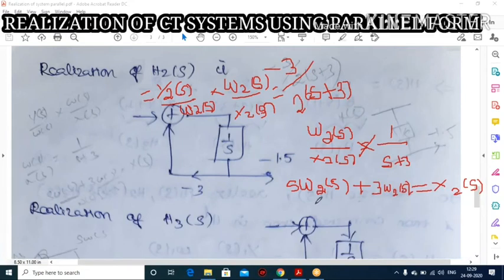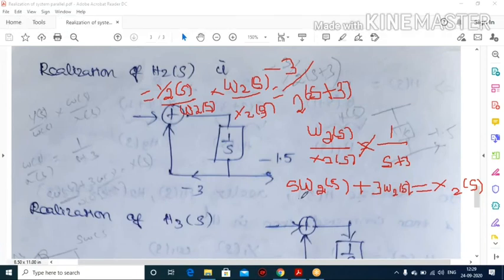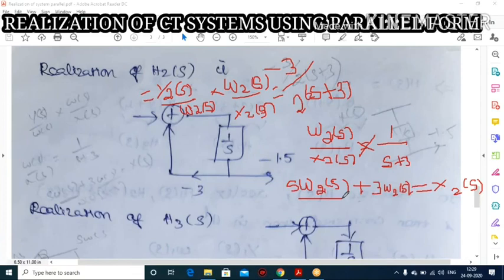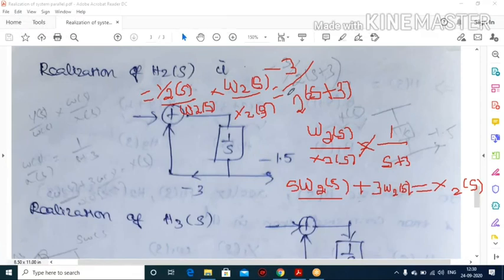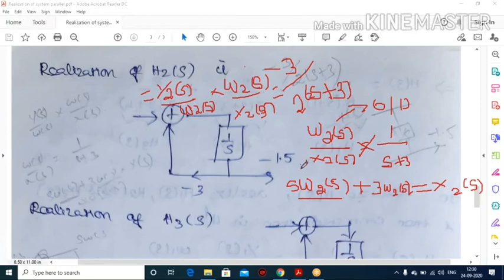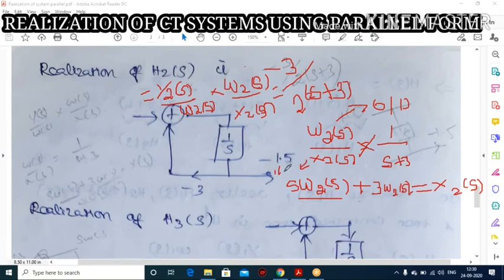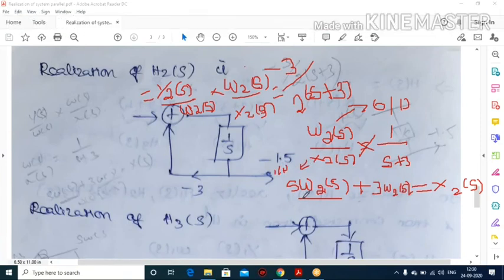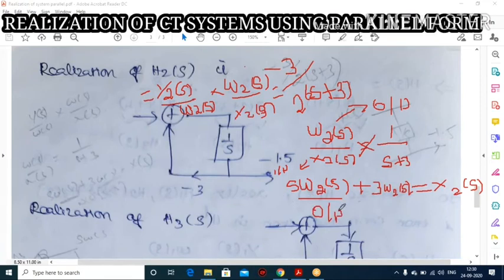Okay, so from this you keep input and output on separate sides. This portion can act as the output of the system, and this one can act as the input. Now what will happen? S into W2 of S is the output, so keep it on the left hand side.